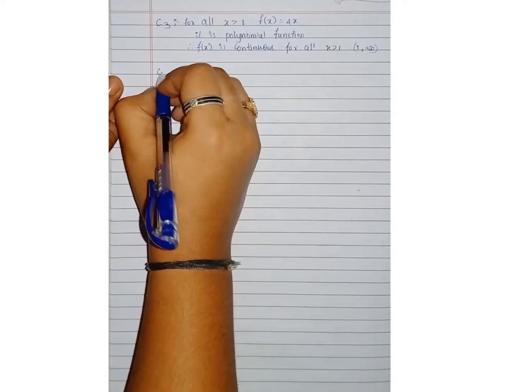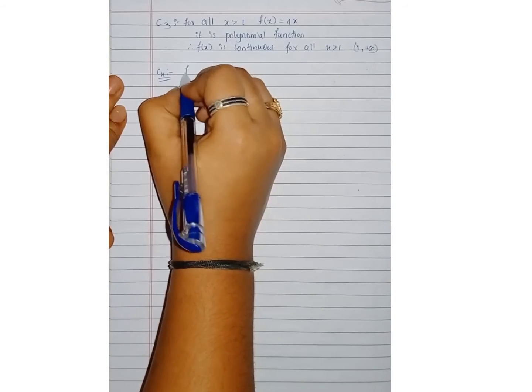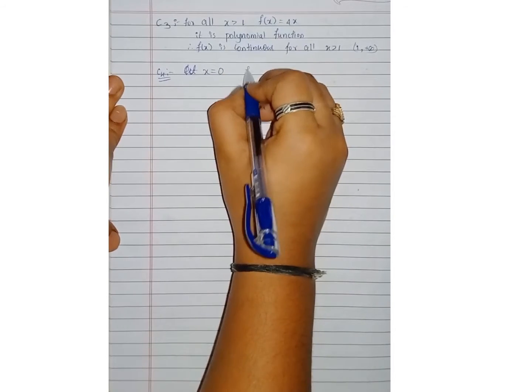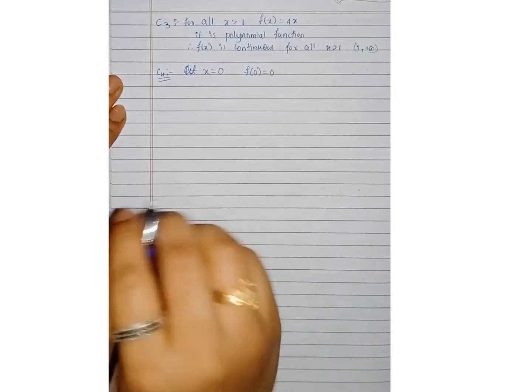Okay, and in case 4 we are looking at x is equal to 0. At x is equal to 0, the function is 0, right?